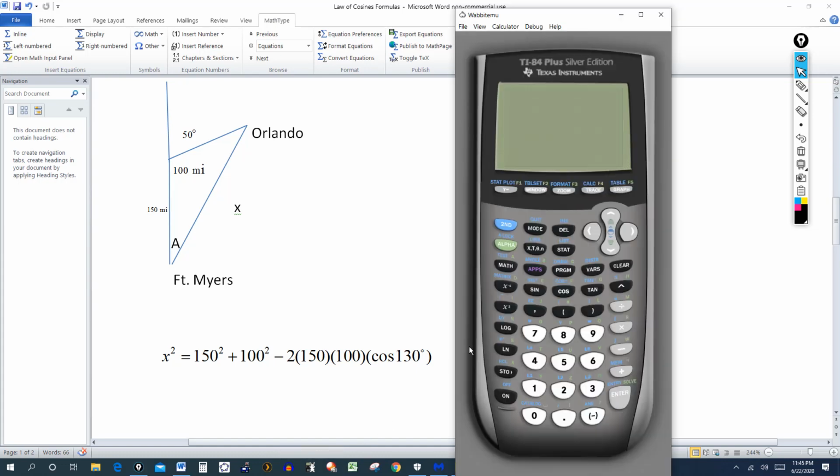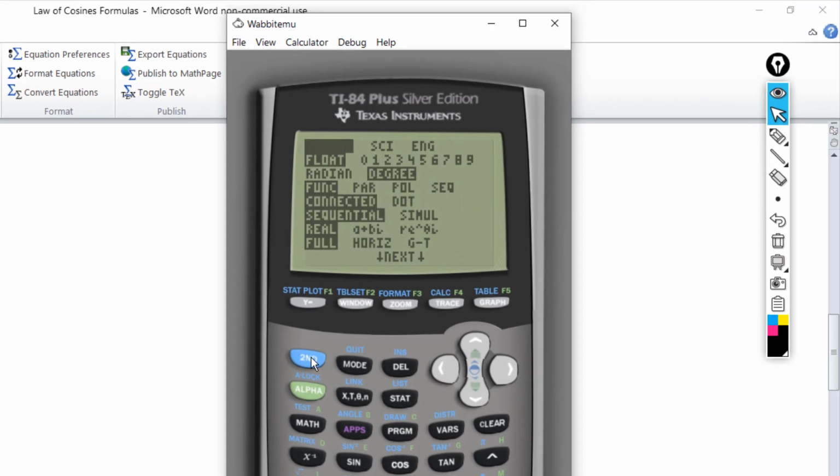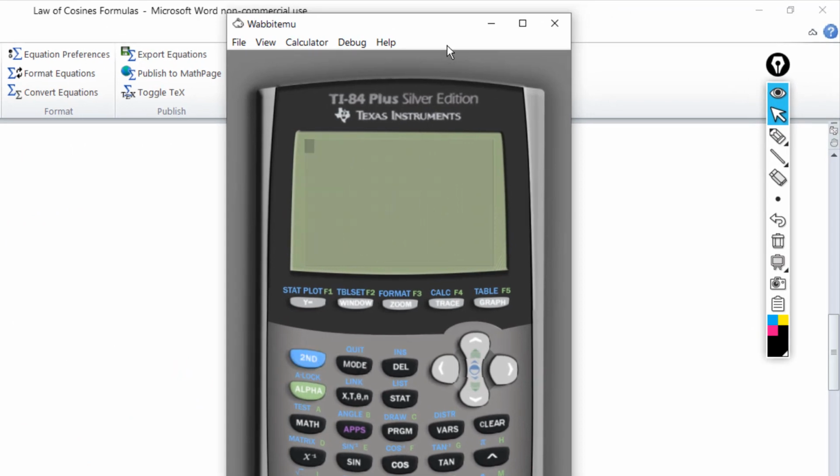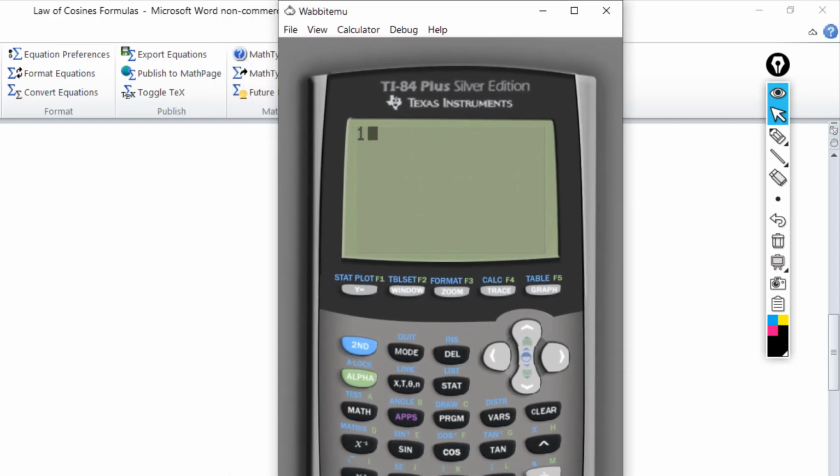So let's use the calculator. We did it with degrees here, so let's check the mode. That's already in degrees, so we're okay. It's going to be 150 squared plus 100 squared minus 2, and then the product here.